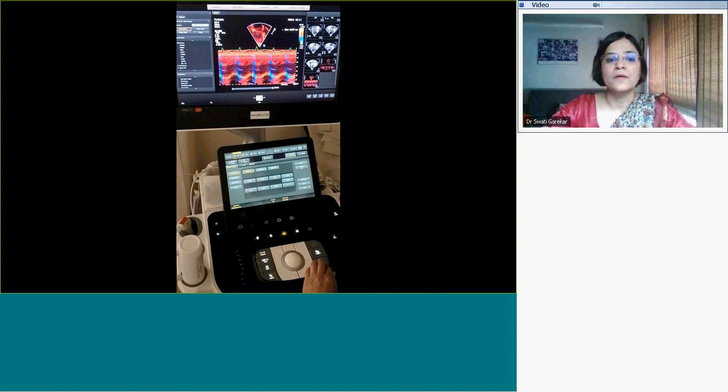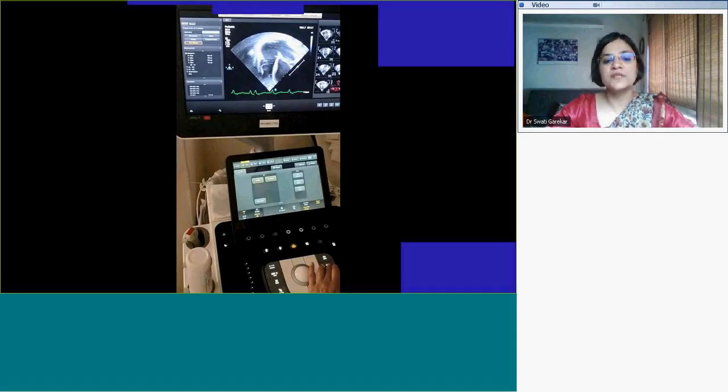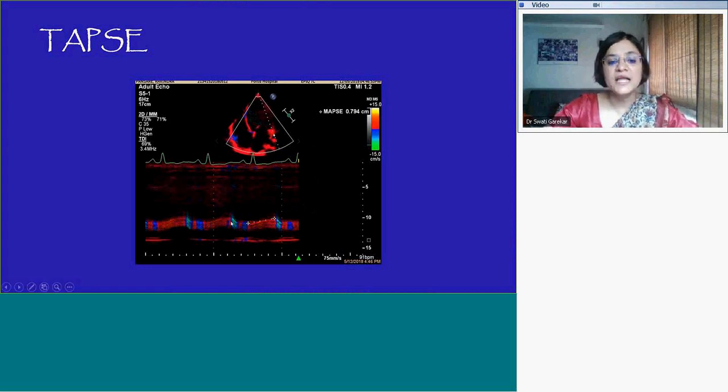Why color? Because it helps us differentiate where your annulus is, where the peak is changing. So blue, red. You see that over here? Right here is where I would take one point, and the same point would be right here, where again the blue, red changes. So when I measure it or somebody else measures it, we will always be measuring at that point. This tip was given to me by my helpful adult cardiology colleague next door.